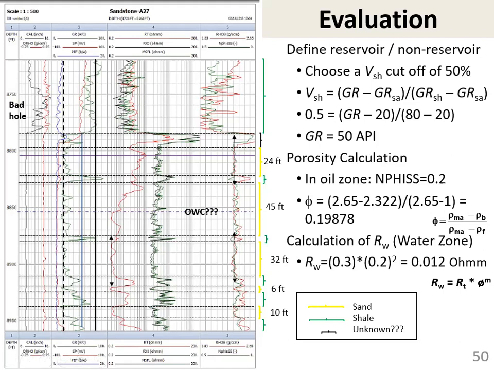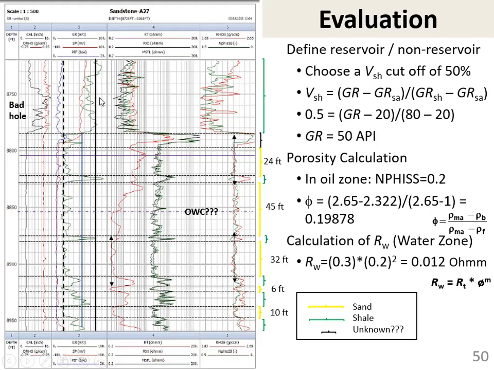So what I have done in the video, you'd see I've used green for shale and yellow. Okay, I have a legend here. So I've used green for shale and yellow for sand. This black is what I refer to as unknown.